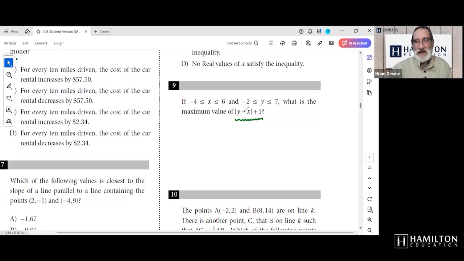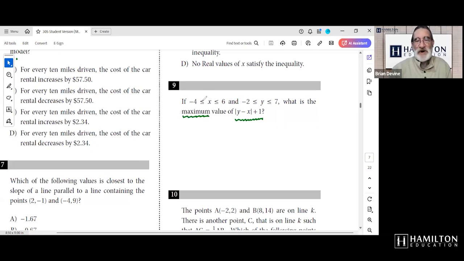Well, the thing here is to make the absolute value phrase as big as possible. And then I just add 1 on to that. And I note that I can make the thing inside the absolute value as positive as possible or as negative as possible. And it's always going to come out positive, and it will provide me with a max.